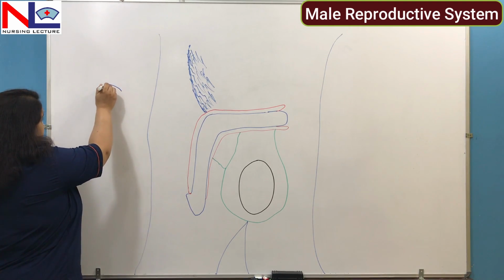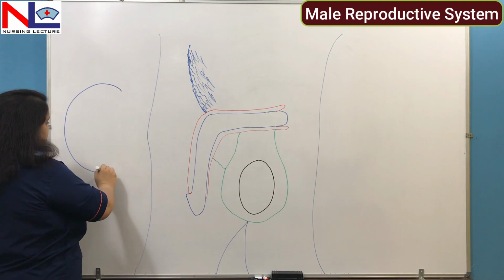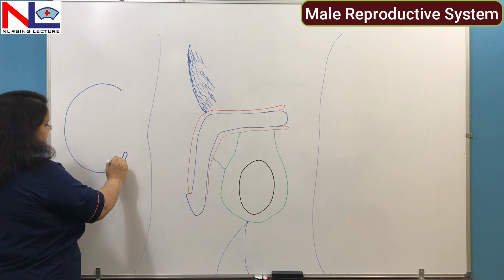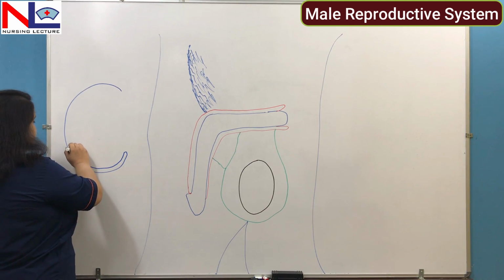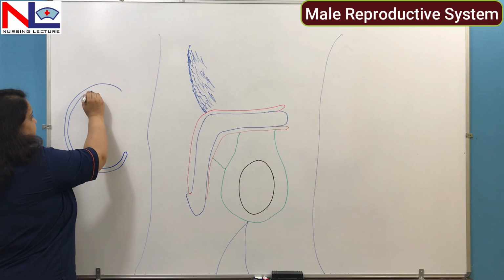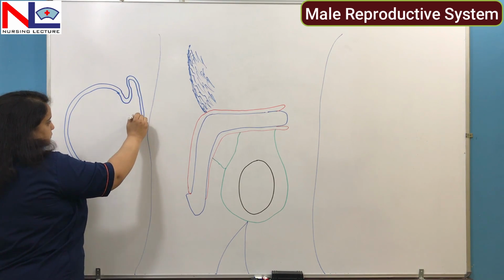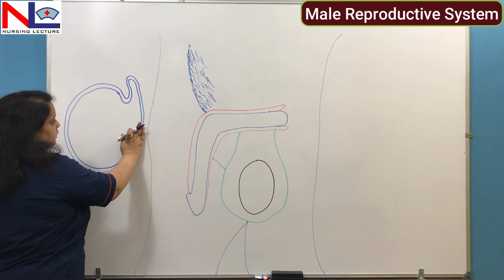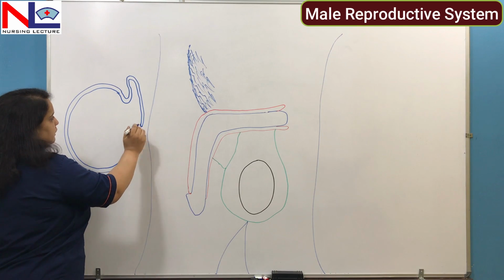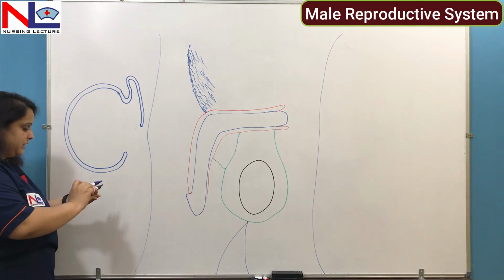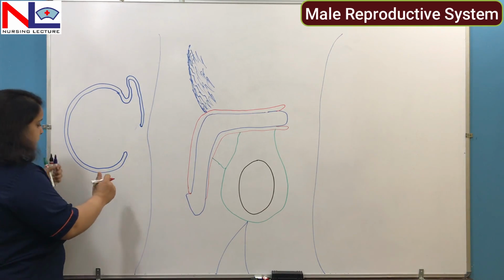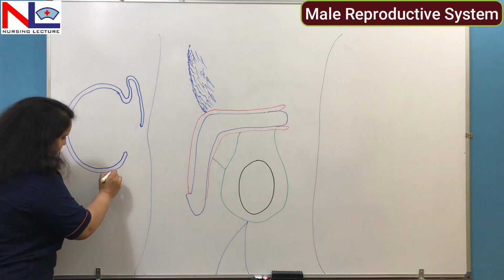The tunica vaginalis again has two linings, the visceral and parietal. The parietal is the outer lining, the visceral is the inner one.